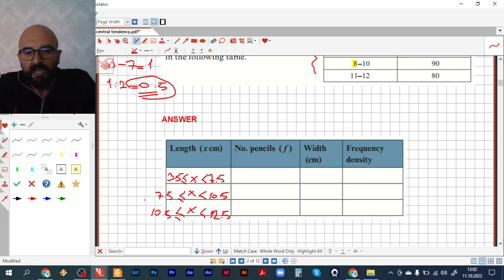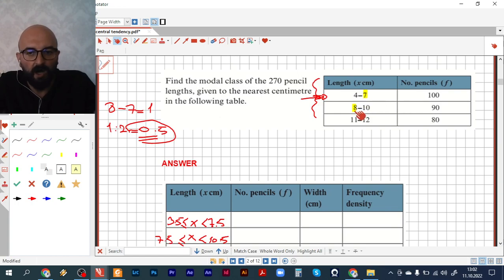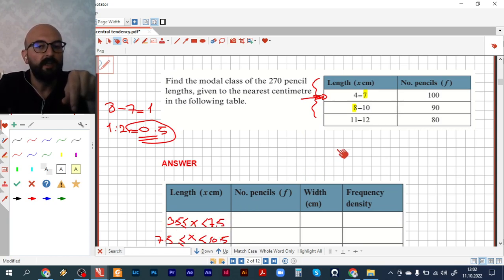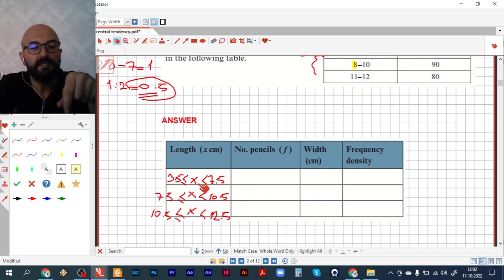Okay, it became continuous values because the interval was 1, and 1 divided by 2 became 0.5, and we start with 4 minus 0.5, it's 3.5, and for 7 plus 0.5, 7.5, and we went on this way.